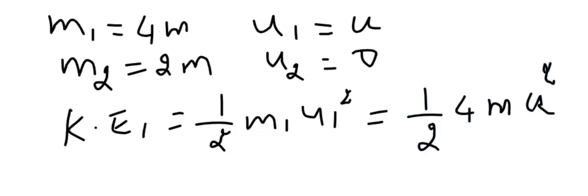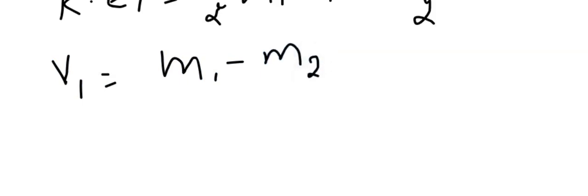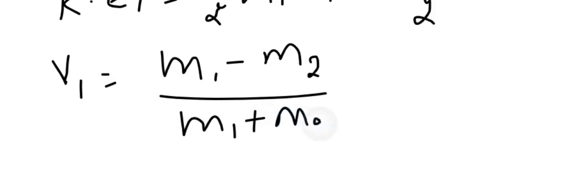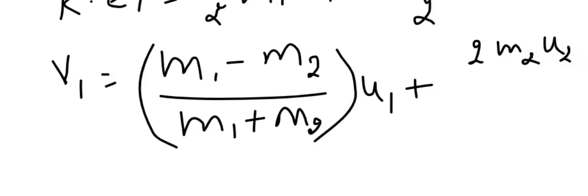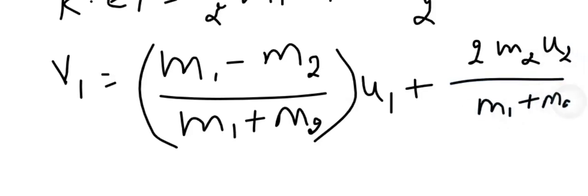And kinetic energy E2 will be 0 because u2 is 0. Now we know that v1 is equal to (m1 minus m2) by (m1 plus m2) into u1 plus 2 m2 u2 divided by m1 plus m2.